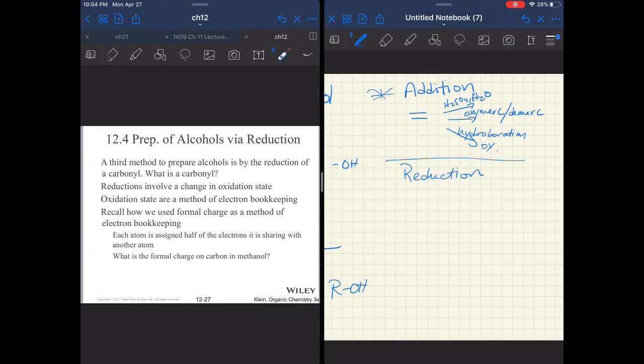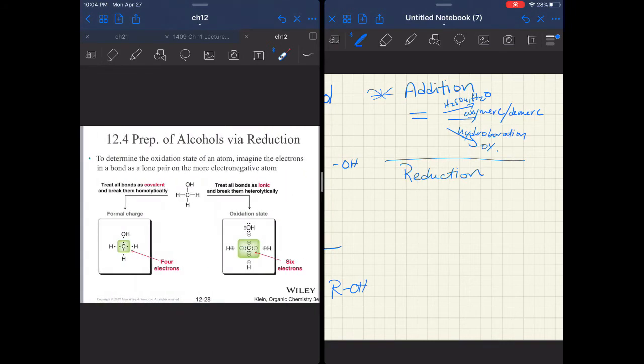Having electronegative or more electron withdrawing versus donating atoms is going to change the oxidation state. It's not going against anything from Gen Chem. You could figure out the formal charge on all of your atoms and keep track of the oxidation states.